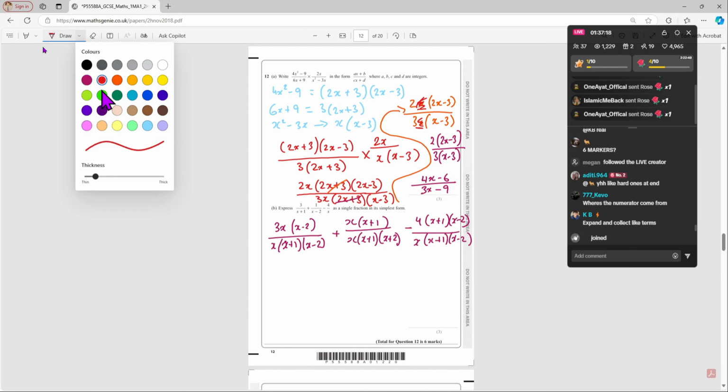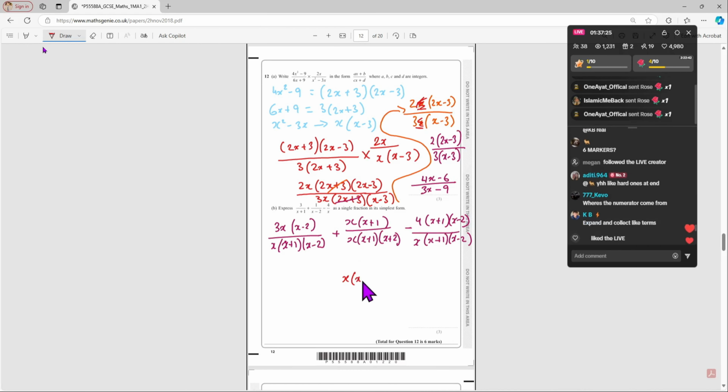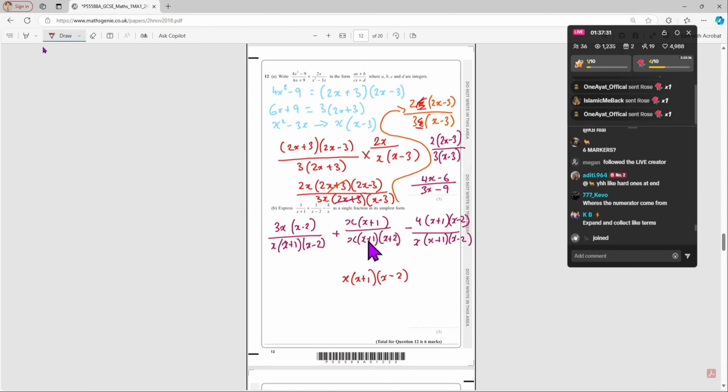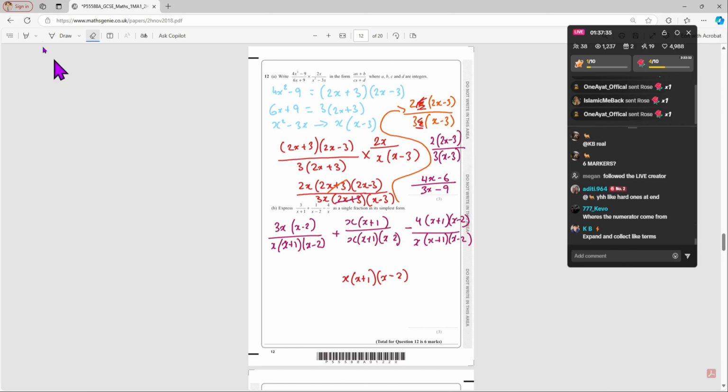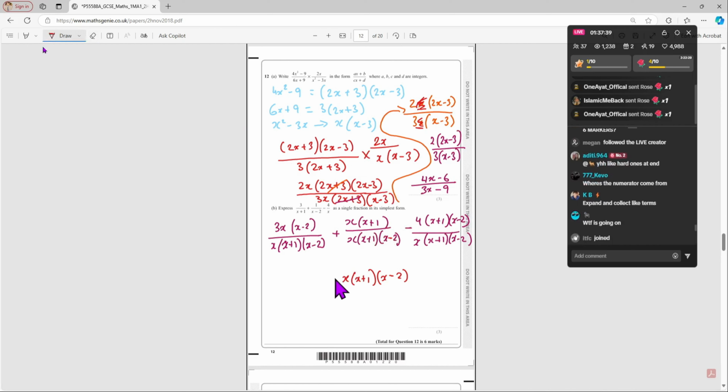And now once we have done that, we're going to put it over a large fraction. So we're going to have x, then x plus 1, x minus 2, sorry. Remember this is a minus 2 over here, I accidentally wrote plus 2. It's going to be over every single numerator, okay?